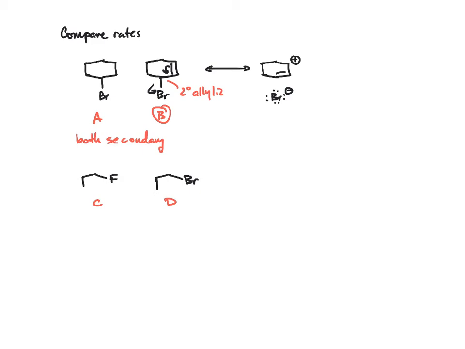So its conjugate base is much more stable. So D is going to react faster. So bromine is better than fluorine for leaving group ability.